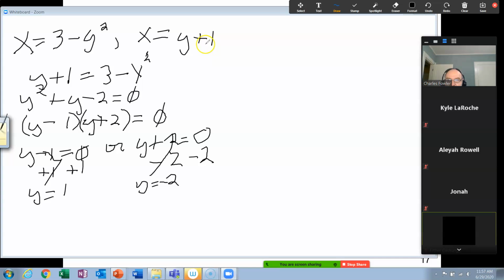When y is equal to 1, x is equal to 2, so that's at point (2, 1), and when you plug in a negative 2 here, x is equal to negative 1.